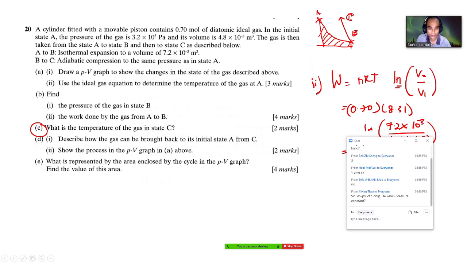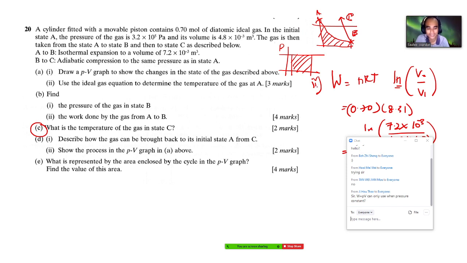So W equals PV is only used when the pressure is constant. What do you mean by pressure constant? Pressure constant means that there will be one line over here. Of course, P times V is a rectangle.